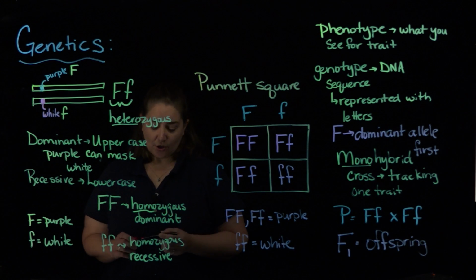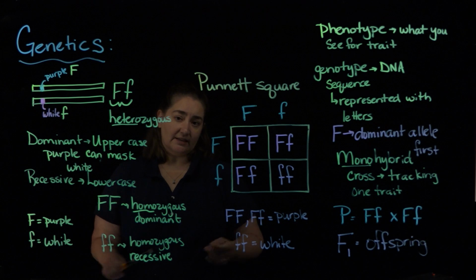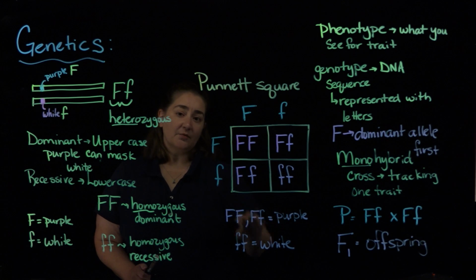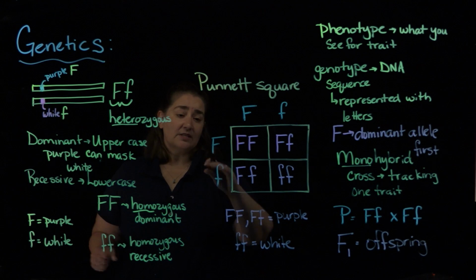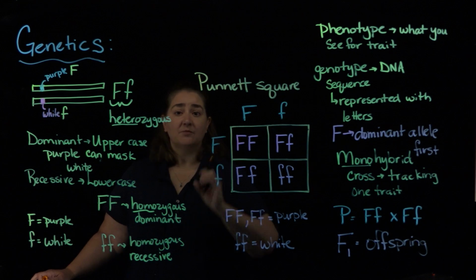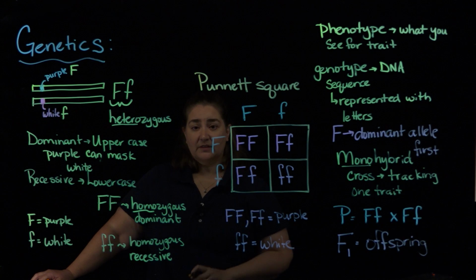And what you're going to notice when you set up crosses like this is you're going to notice some ratios come out consistently when you have certain genotypes associated with the parent, okay?